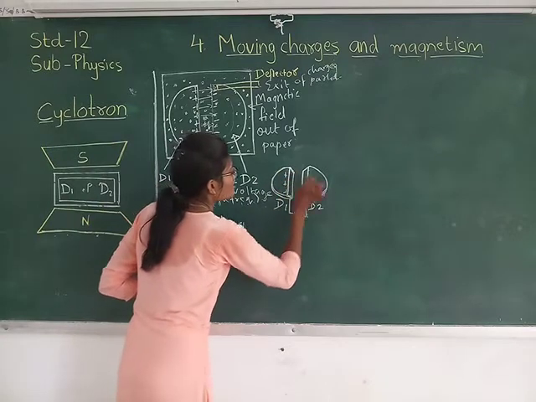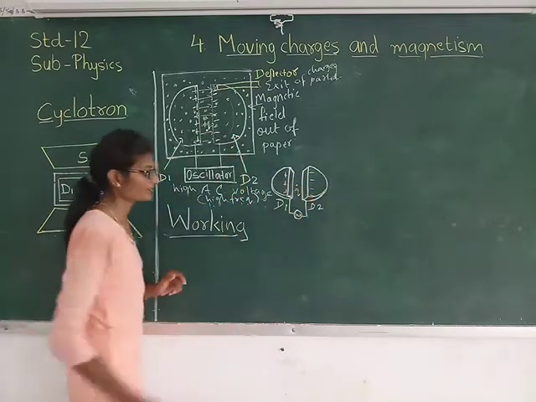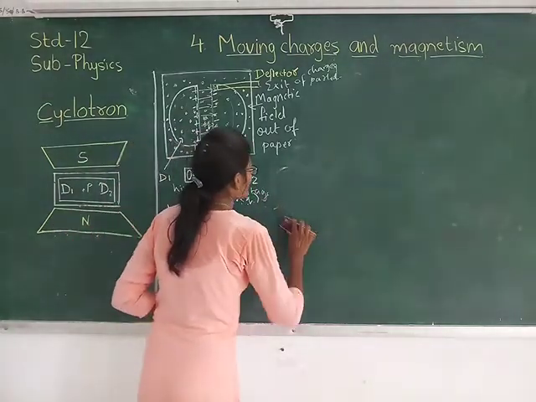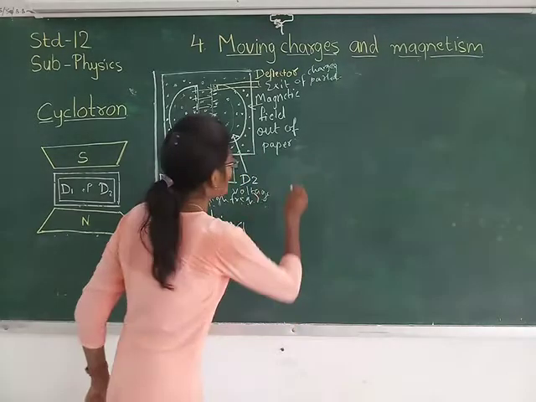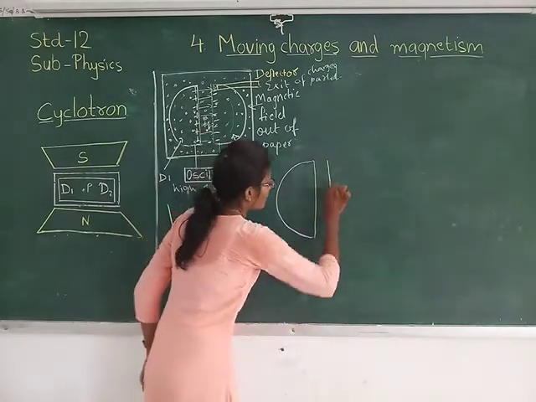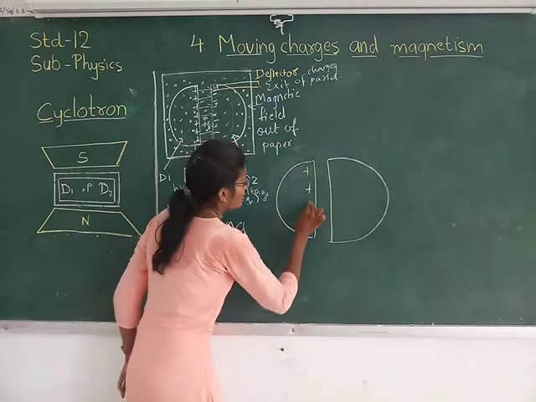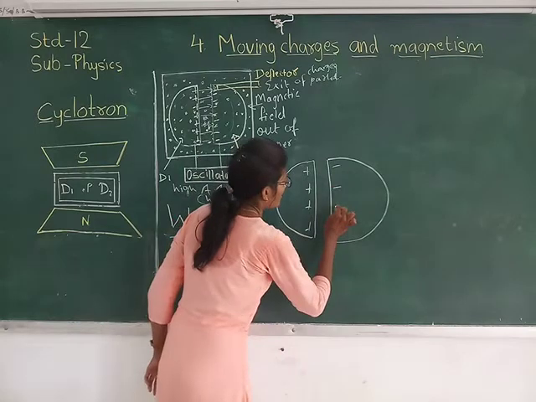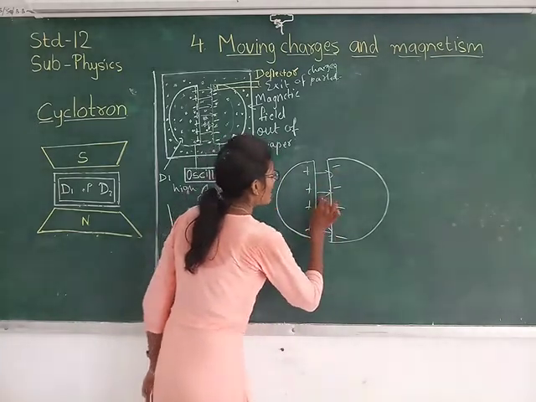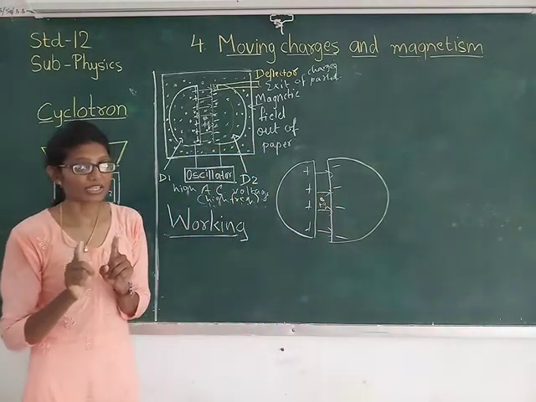Over here, let us understand. Okay, here I am having a plus q charge, or let me draw it bigger so you can understand it very clearly. So electric field lines are generated like this. I am having a plus q charge at the center between the gap of the Ds.